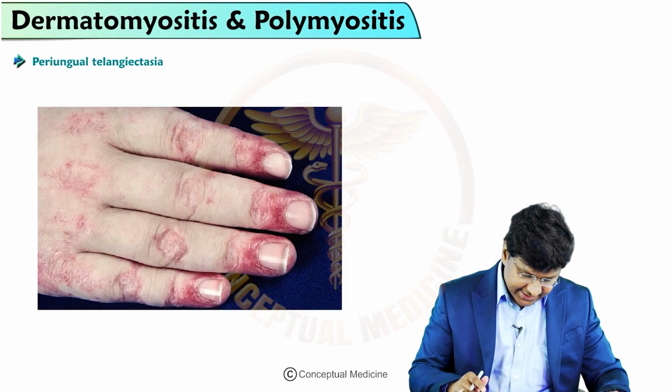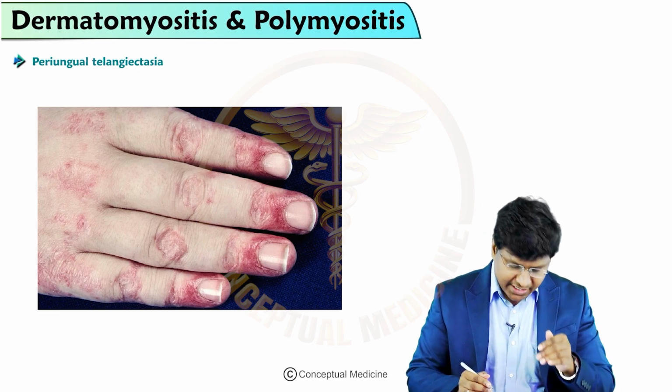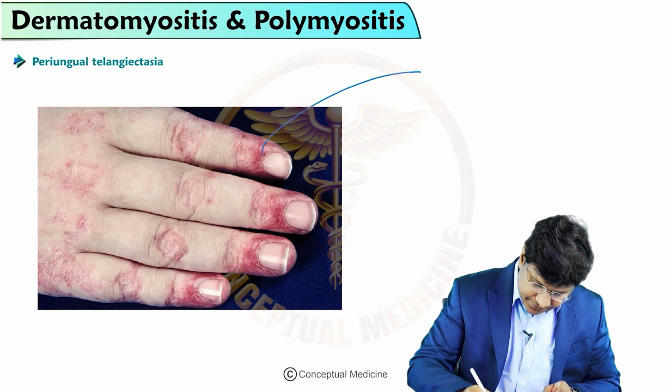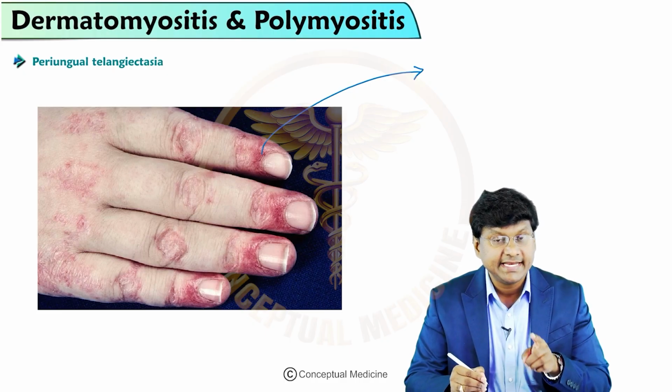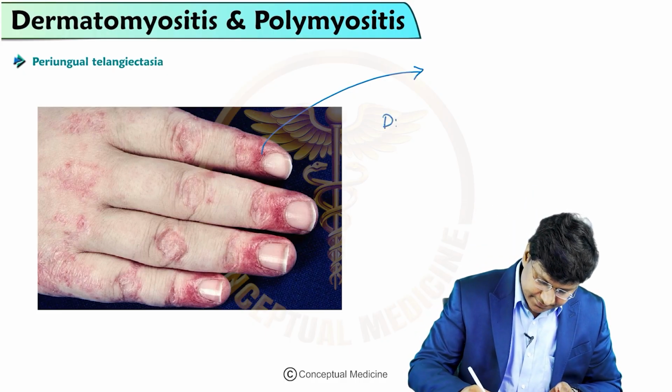Next, followed by that, periungual telangiectasias. Periungual telangiectasias, you know, they are dilated capillary loops at the base of the fingernails.